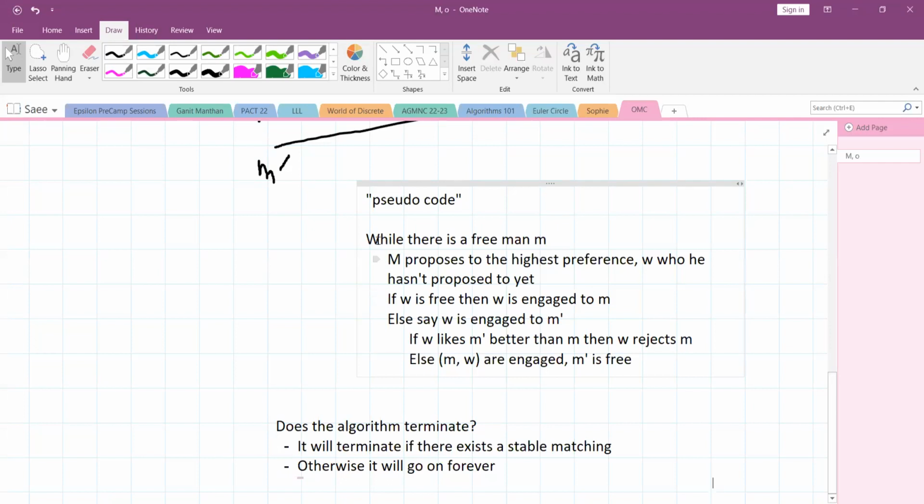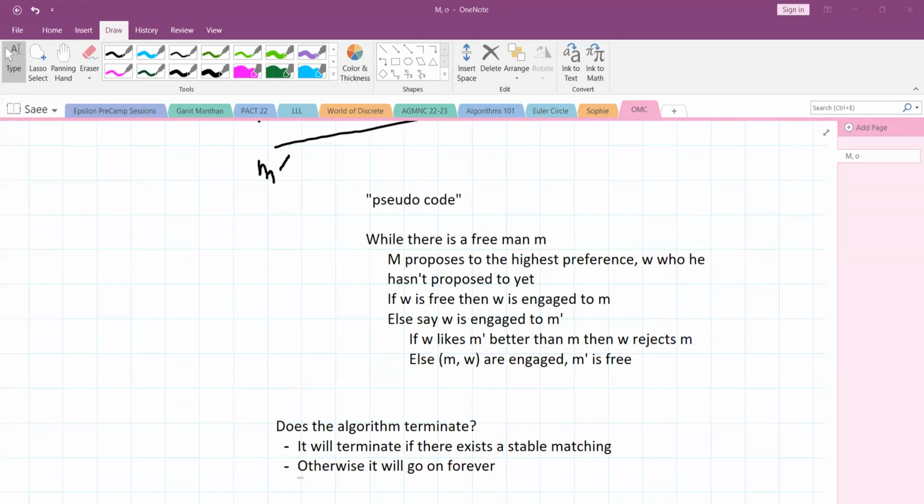This algorithm runs while there is a free man M. So, when does it stop? When there is no free M. Exactly, when all the men are engaged with somebody. So, when will it go on forever? When there's a man who is not getting engaged to anybody, everybody just keeps on rejecting him, right?